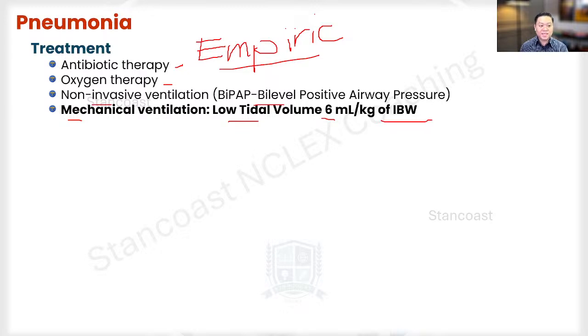Okay, so this is the recommendation for those patients with diffuse bilateral pneumonia and also with an accompanying acute respiratory distress syndrome. All right, so this is our initial recommendation for the mechanical vent.